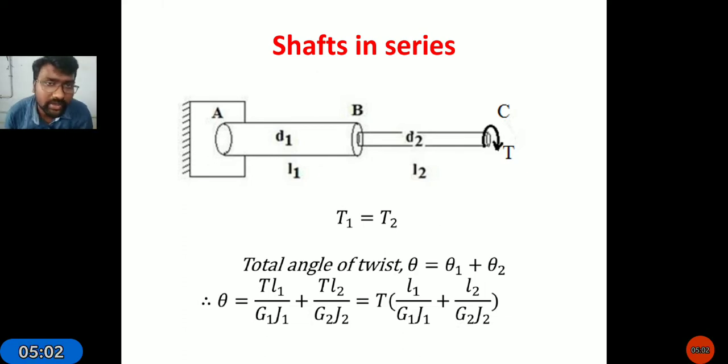Now calculate the value of theta: the angle of twist developed in the first shaft is T L1 by G1 J1, plus the angle of twist developed in shaft 2, that is T L2 by G2 J2. By adding these quantities we will get the total angle of twist in the compound shaft. Like this we will calculate the torque and angle of twist developed in the compound shaft when it is in series condition.